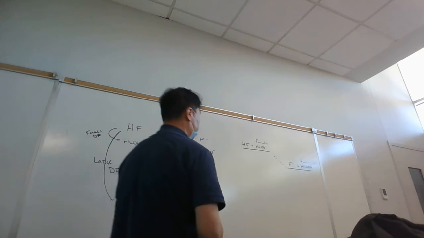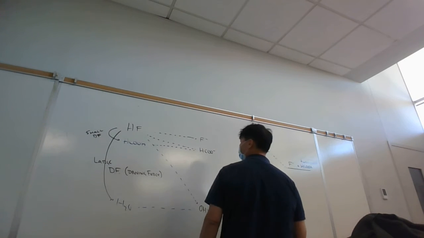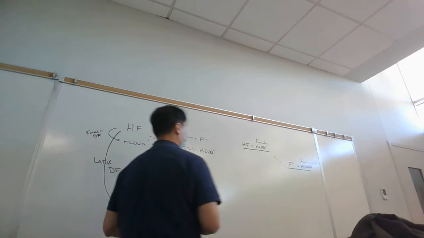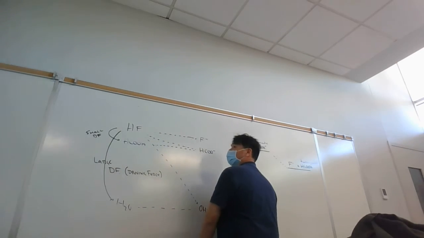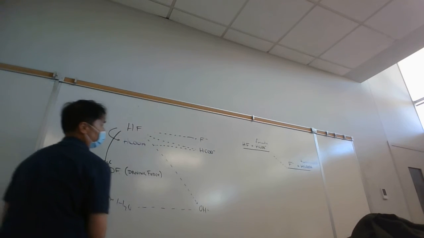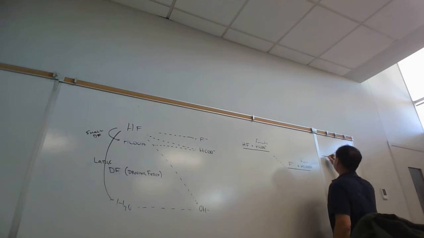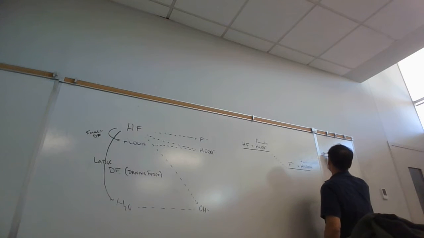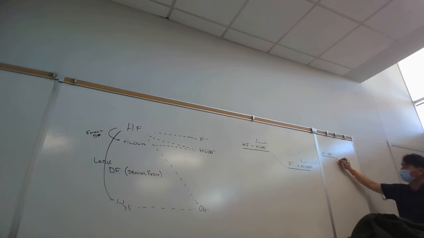Let's compare that to the alternative reaction here. The alternative reaction would be still HF and hydroxide. If we start off with HF plus hydroxide, hydroxide is a much more powerful base, and this is going to be a large driving force here, downhill.